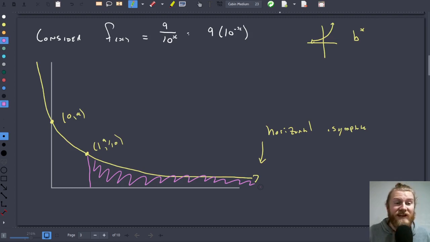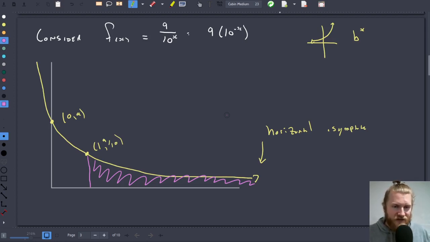If we had a horizontal asymptote that was above, maybe at y = 1, then we're just going to continually have all this area trapped between our function and the x-axis. But since our function is diving towards the x-axis with this horizontal asymptote, we have a hope of this integral actually converging to something. Now, that doesn't guarantee that it will.